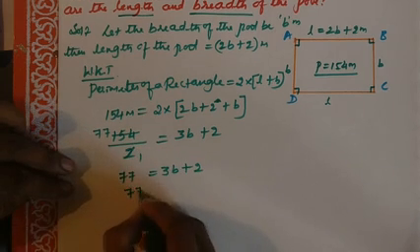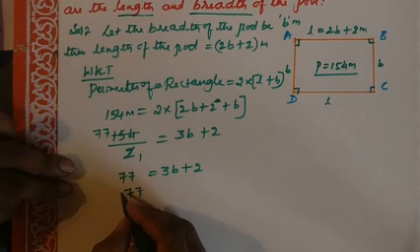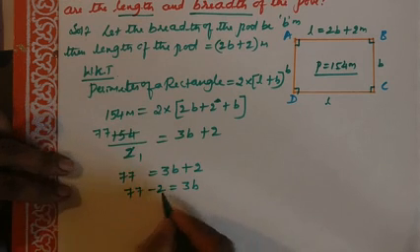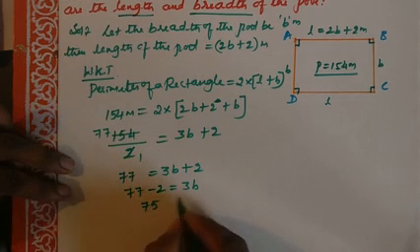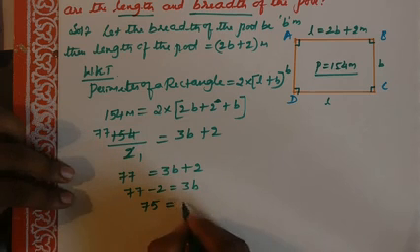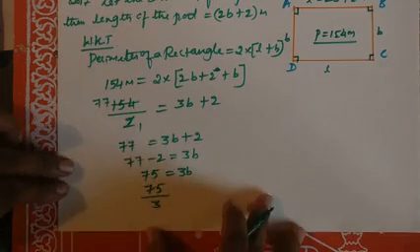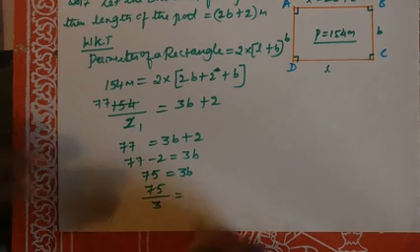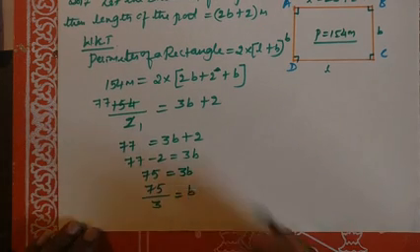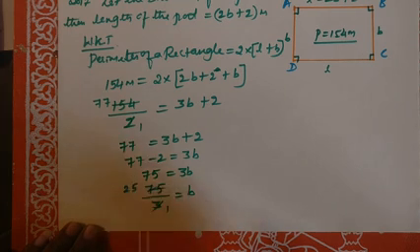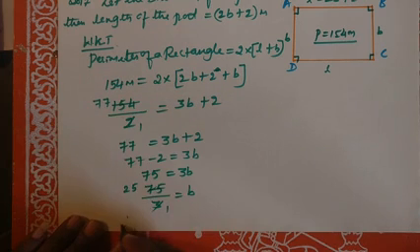Transport 2 to the LHS. 77 minus 2 is equal to 3b. 77 minus 2 is 75, equal to 3b. Therefore 75 divided by 3 is equal to b. 3 1s are 3, 3 2s are 6, 3 5s are 15. Therefore breadth is equal to how much?